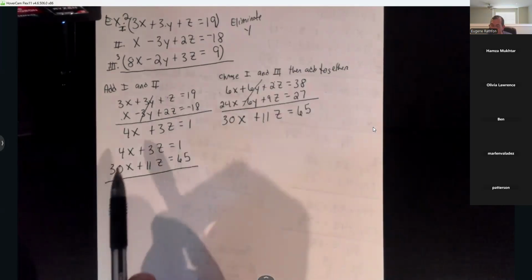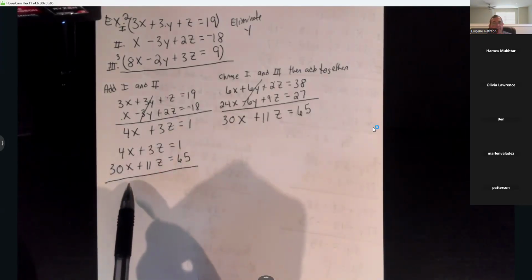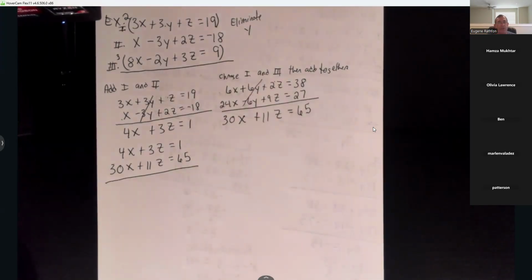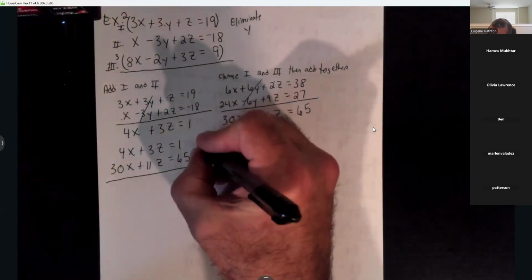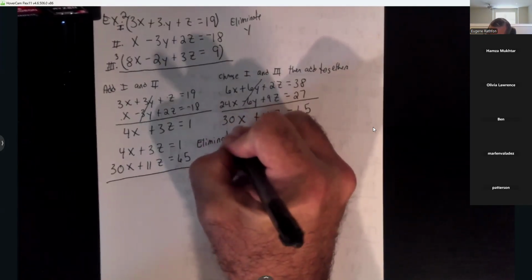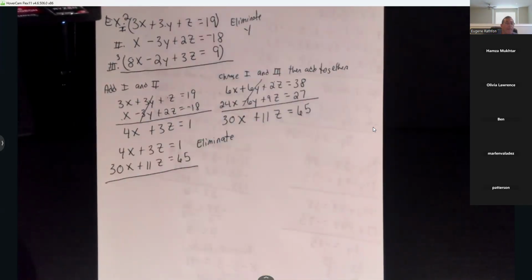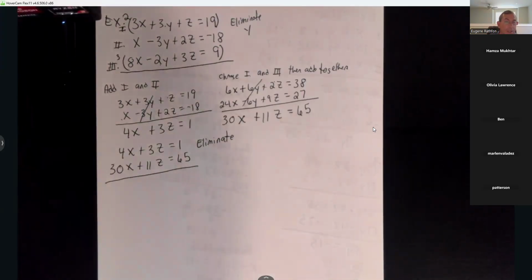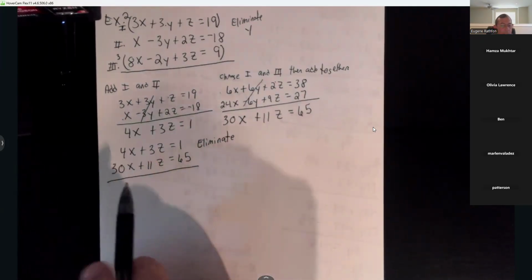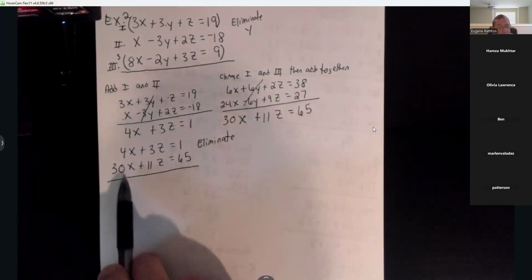We got to figure out, do we want to eliminate the x's here or the z? So y'all, I'm going to let y'all pick again. Which variable do y'all want to eliminate? And no matter which variable y'all pick, we're changing both rows, okay? All right, so we're going with x's, says Jayla. Okay.